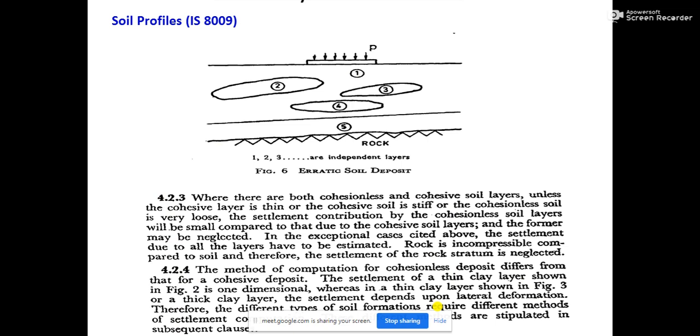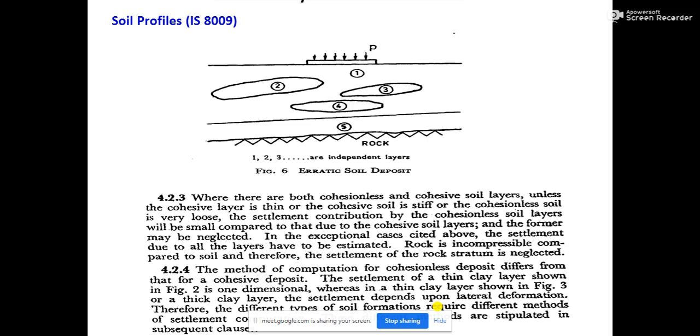In section 4.2.3, you will notice where there are both cohesionless and cohesive soil layers, unless the cohesive layer, that is the clay layer, is very thin, or the cohesive soil is stiff, or the cohesionless soil is very loose, the settlement contribution by the cohesionless soil layer will be very small compared to that due to the cohesive soil layers.